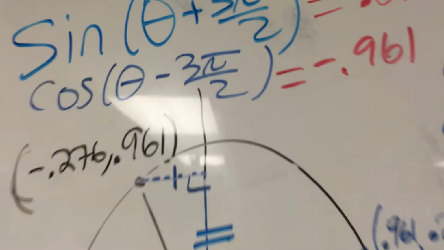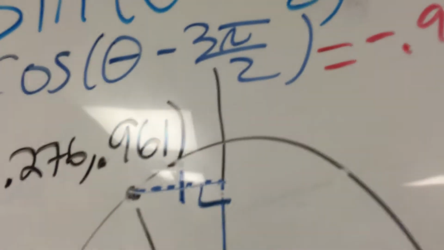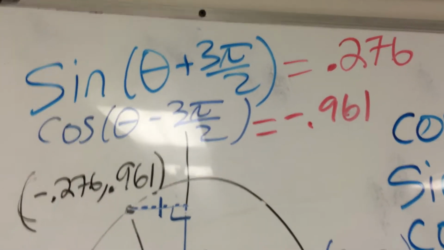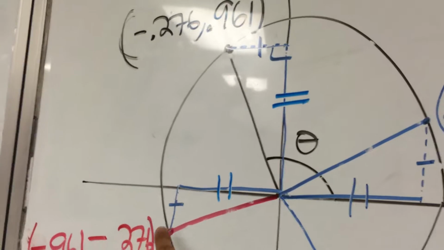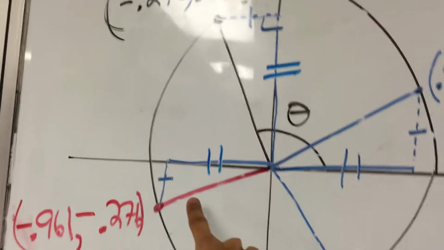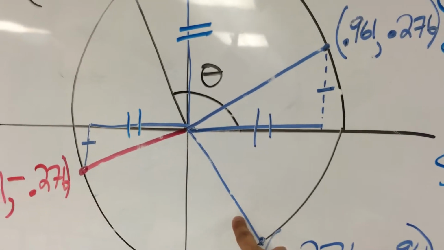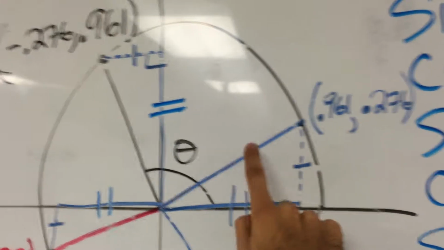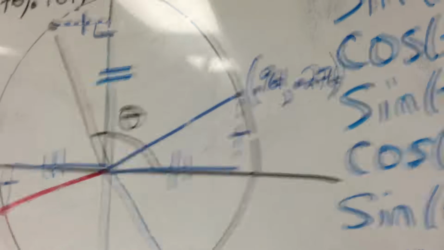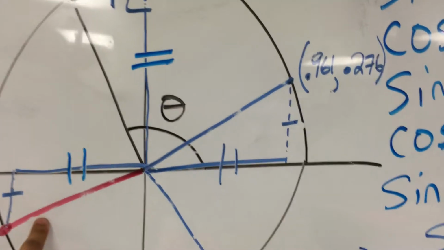So here's theta. I'm adding 3 pi over 2. So that means what? Well, I add pi over 2, I get to this. I add pi over 2 again, I get to this. I add pi over 2 again, I get to this in quadrant 1. I add 90 degrees, I'm here.